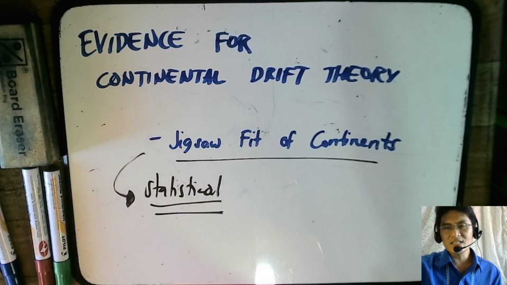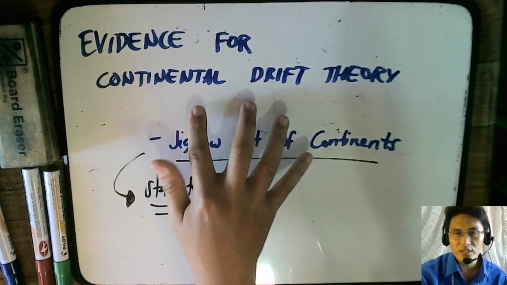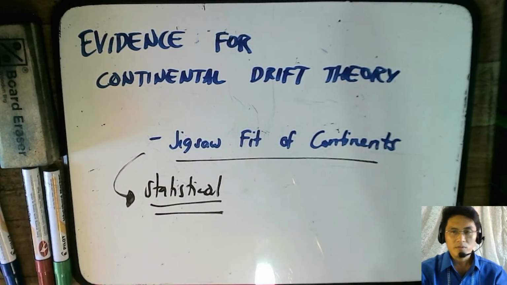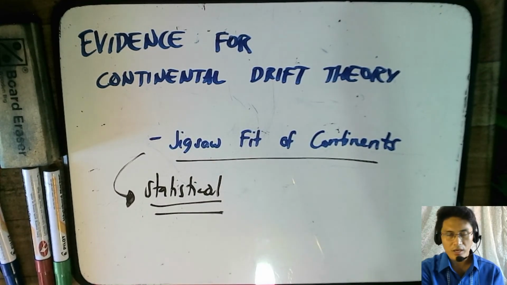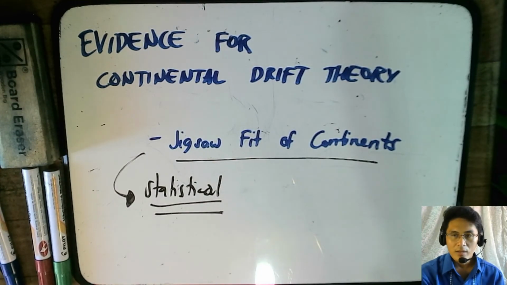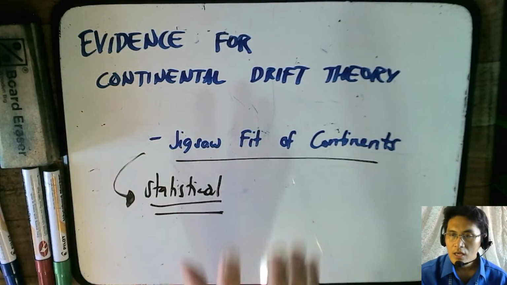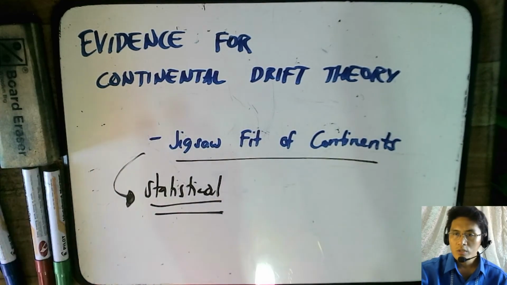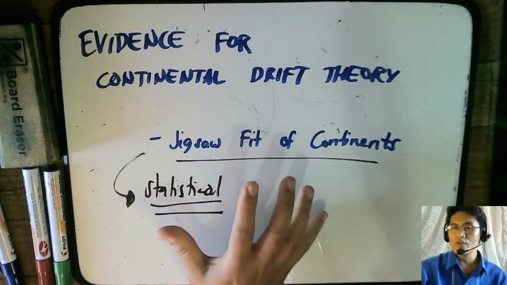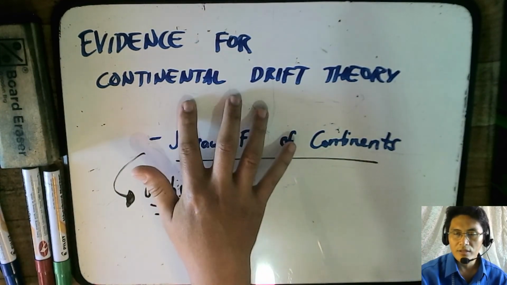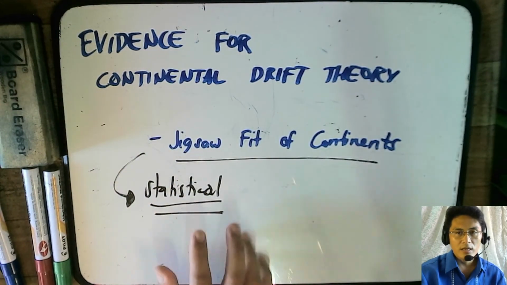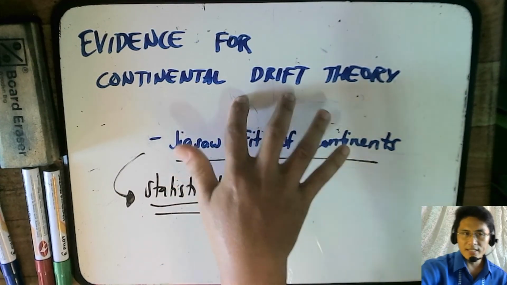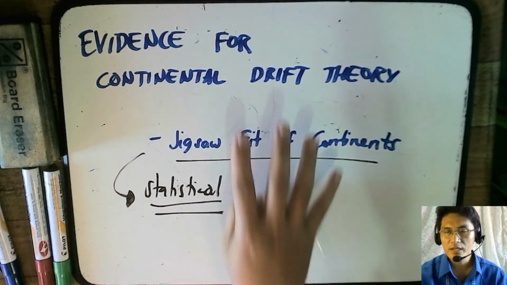And again, this is just the starting point of the evidence for the continental drift theory. When you add in all the other evidences I mentioned a while back, they would pile up to such a point that the degree of confidence for us to believe that the continents really drifted, that the concept of continents drifting as a starting concept for plate tectonics theory, is really true.